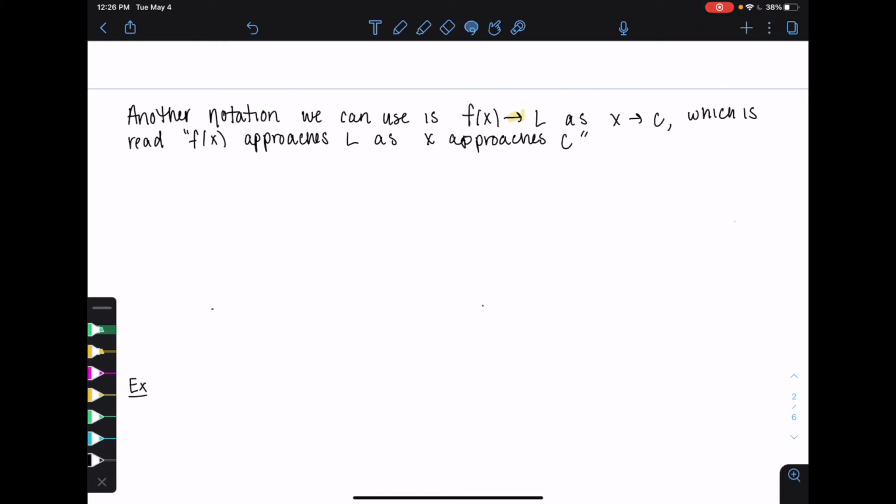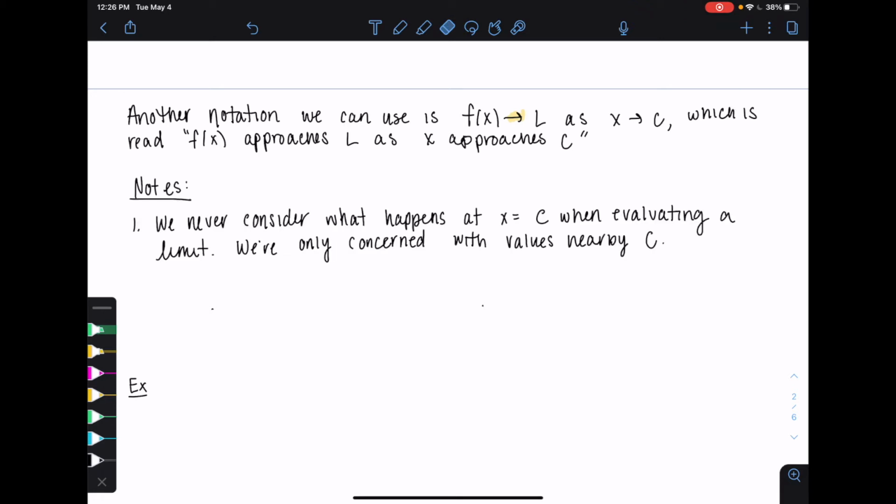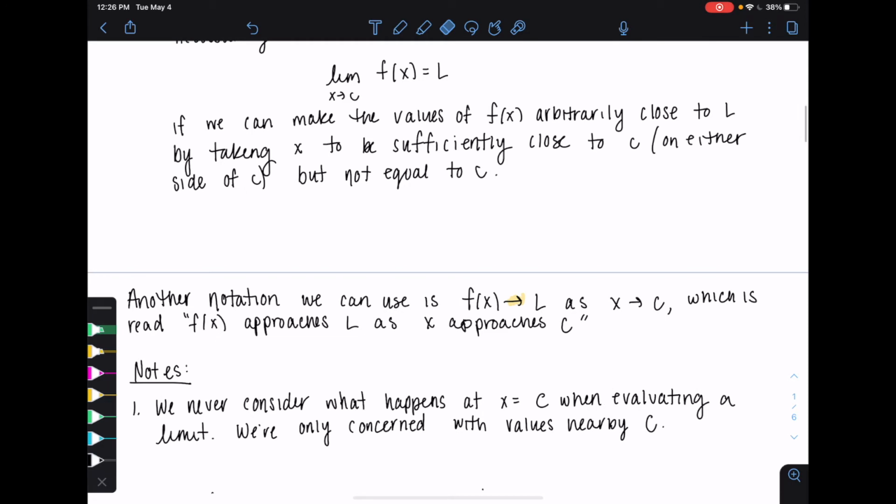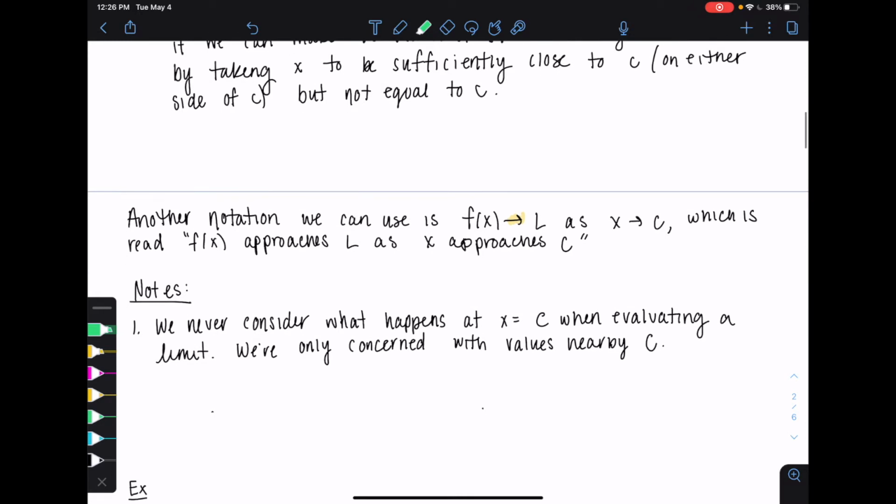The things to keep in mind when we're talking about limits is first, we never care what happens at the particular value. So as x is approaching c, I don't care what happens at c when I'm evaluating a limit. We're only concerned nearby.